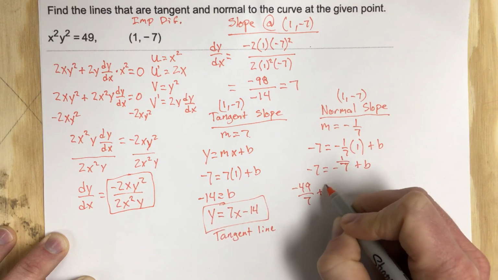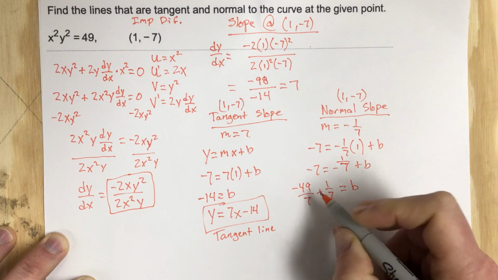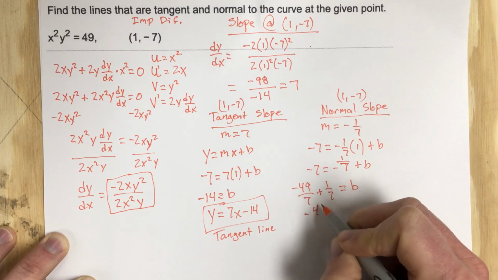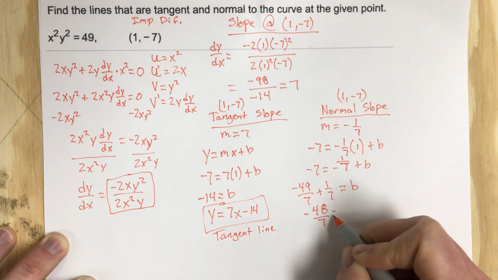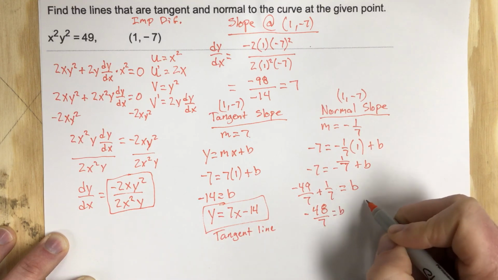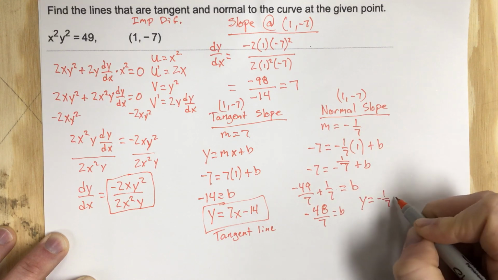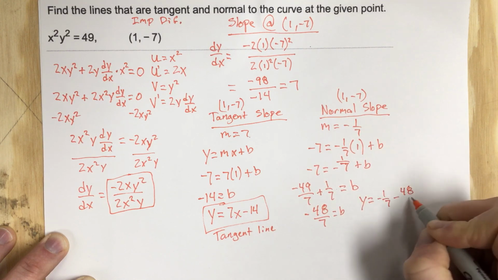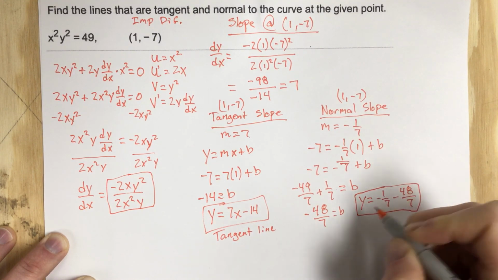Add that over. That's plus 1/7 equals b. This is negative 48 over 7 equals b. So that means my normal line will be y equals negative 1/7 x minus 48 over 7. This is the normal line.